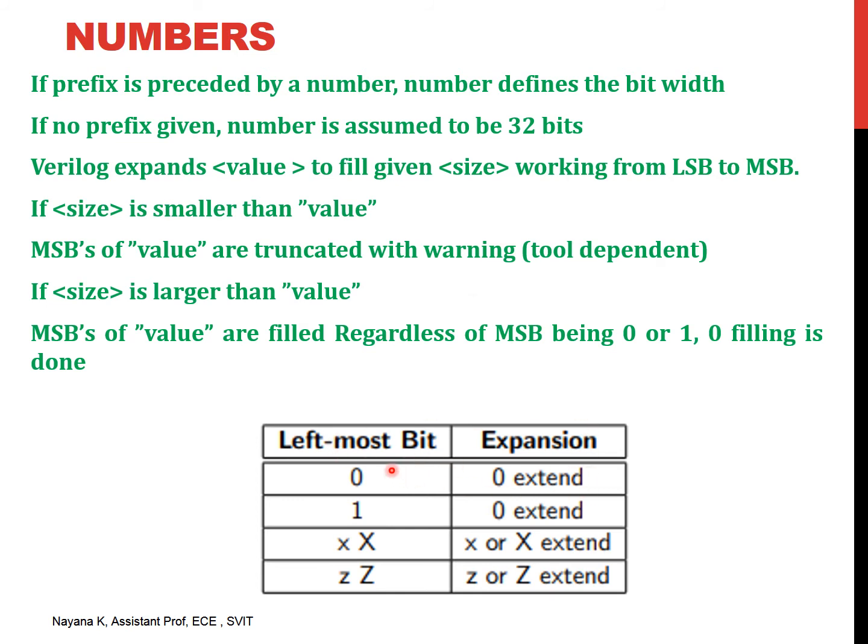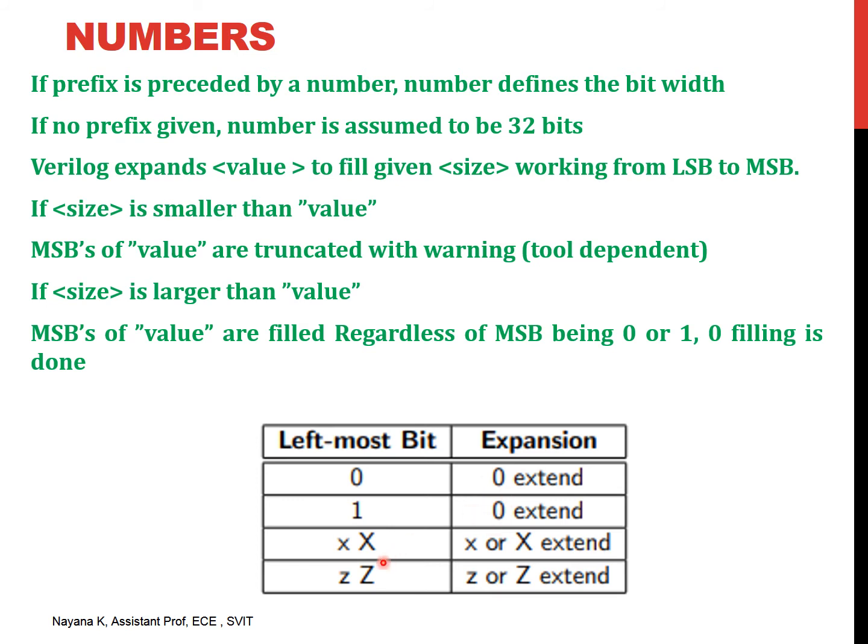If the leftmost bit is 0, then in the expansion also we extend with 0. If the leftmost bit is 1, the extension is still 0. For example, 8 is 1 0 0 0, and if you make it an 8-bit number, you still put only zeros. Whether the leftmost bit is 0 or 1, to expand the number we always include zeros in the MSB.